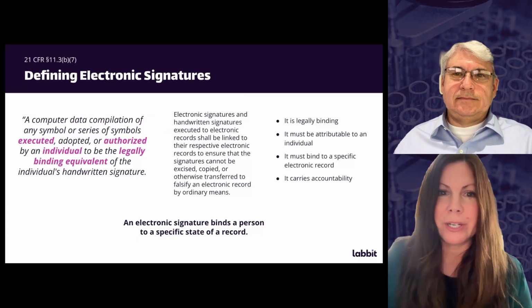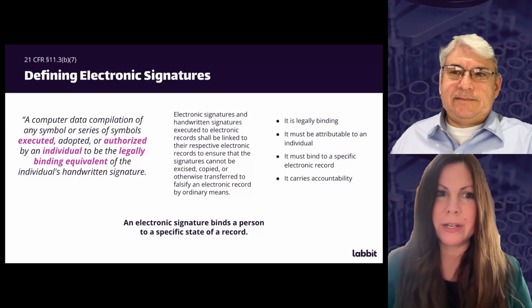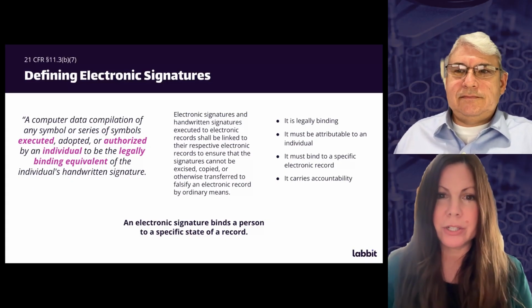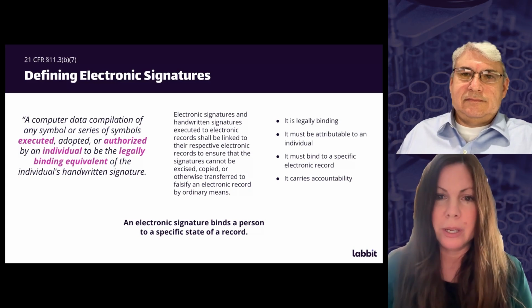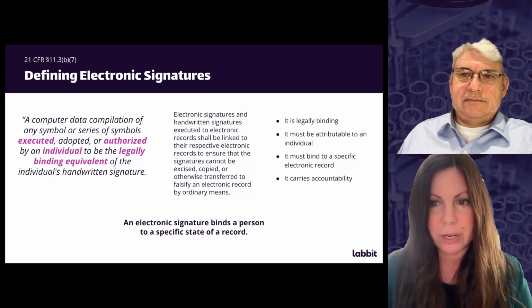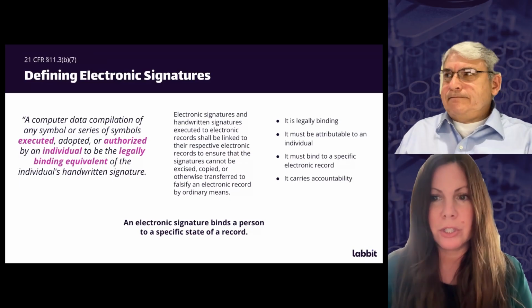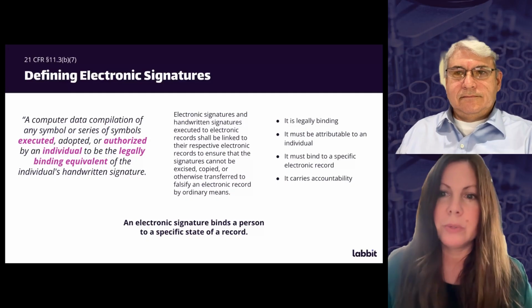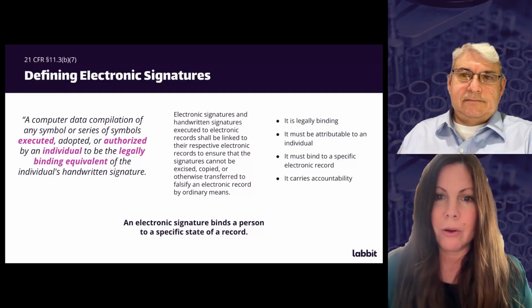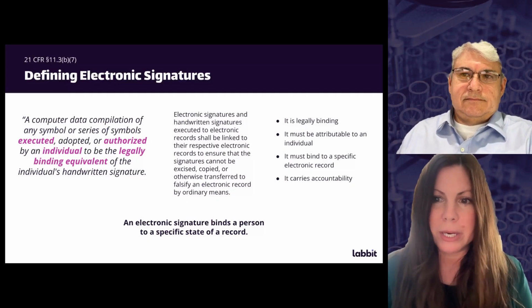Great segue, Brian, into a little bit more detail on the signature. So it's not just authentication; it's actually a legally binding action and reflects the equivalent of a handwritten signature. So this means two things in our context. First, it must be attributable to a specific individual, and it also, as Brian talked about, must bind to a specific electronic record.